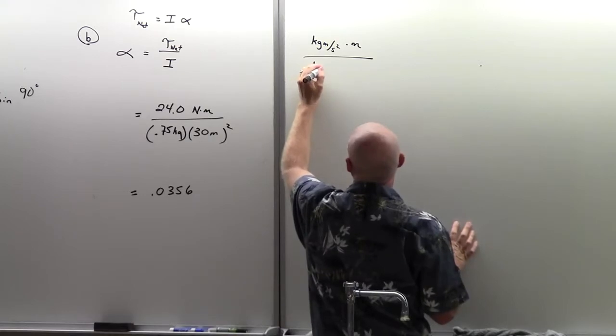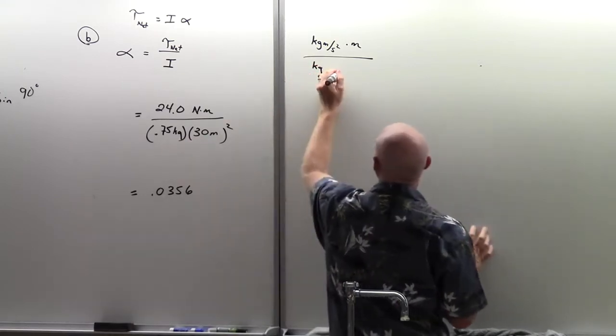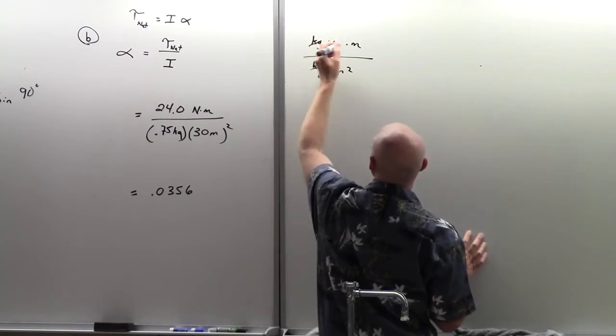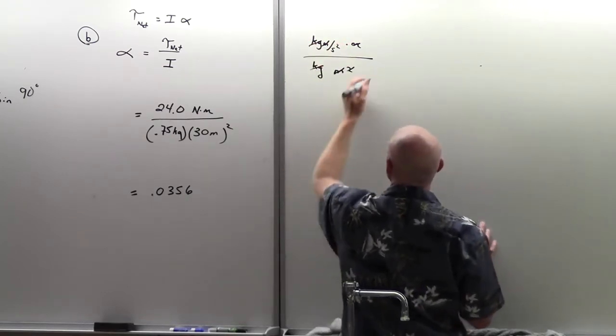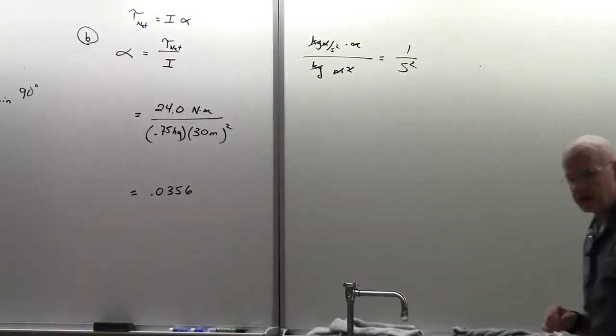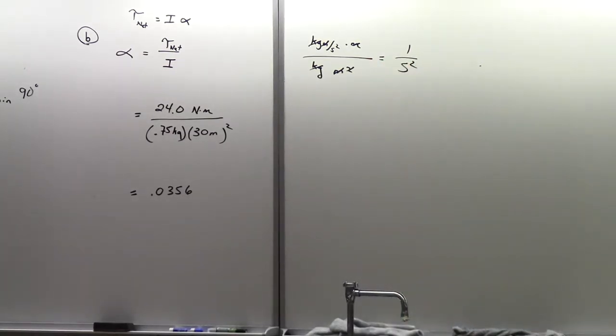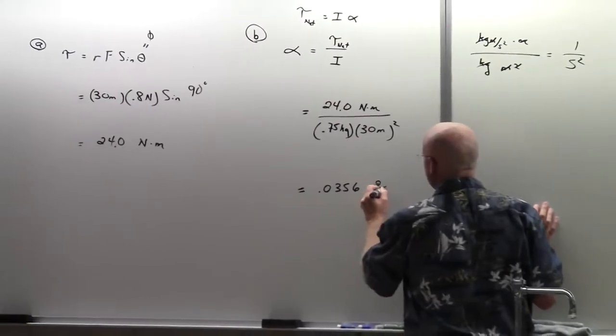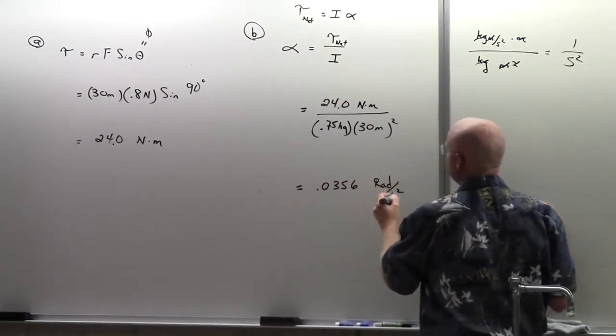In the denominator, I've got kilogram and meters squared. So sure enough, kilogram cancels with kilogram and meter squared cancels with meters squared, and we just get per second squared, which is perfect because remember, radians wasn't a real unit. It was kind of a clarifying word. So I will throw it in here and write it as radians per second squared.